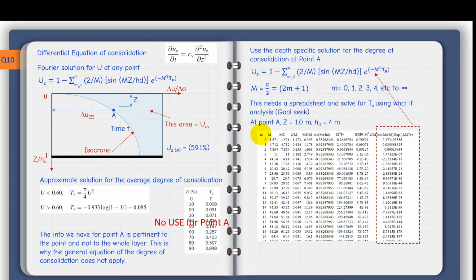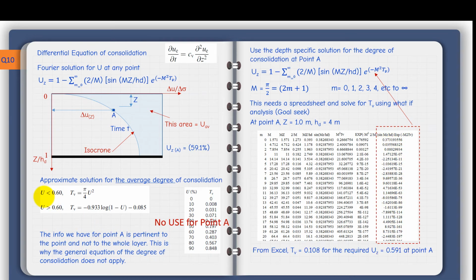So let us substitute here. m small is basically 0, 1, 2, 3, 4, 5, etc. You substitute for the other quantities. M is a function of m small, and you get sine of MZ divided by Hd, etc. So you assume Tv, and you get Uz until you match the 59.1% from this summation here.